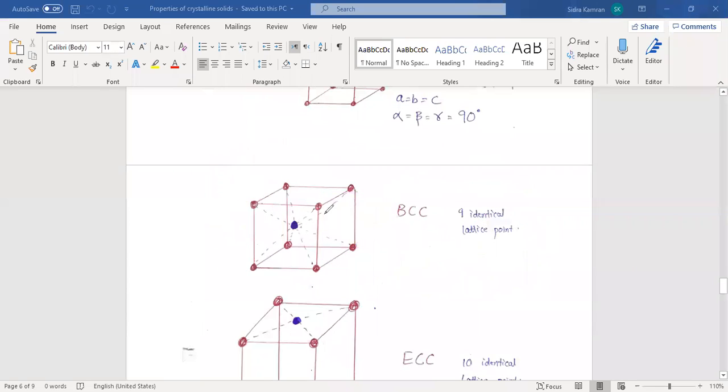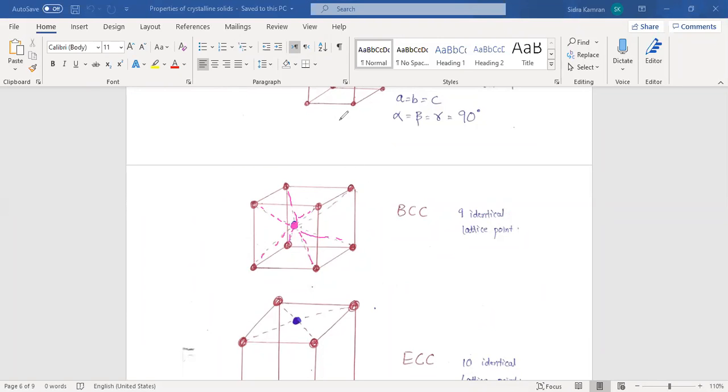Here in a body centered cube, one lattice point is present at the center, and all the 8 lattice points present on the 8 corners are connected to this point with the dotted line represented in a rough sketch.